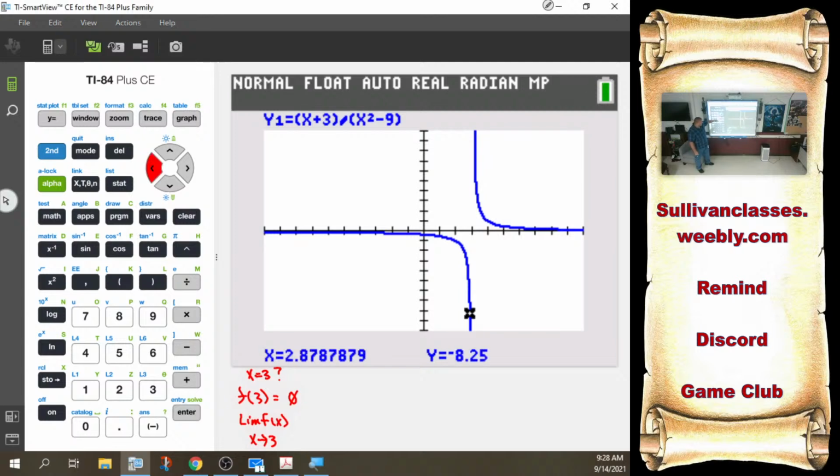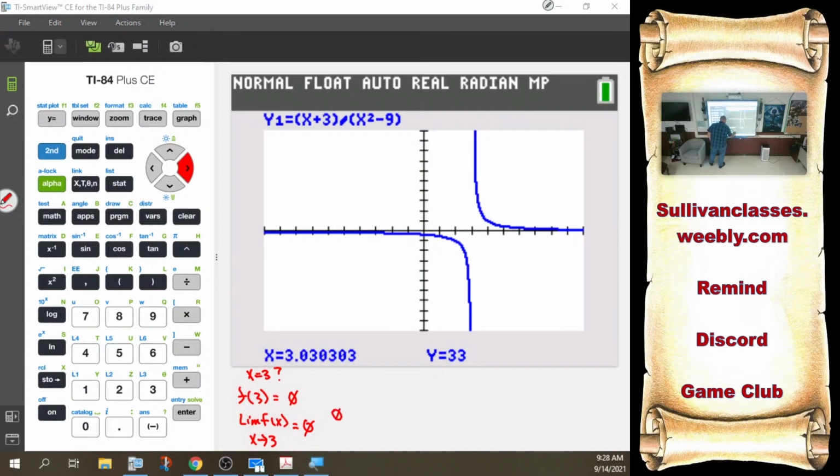So maybe I'll trace back to, how about I just poke this? At 2.87, I see -8.25. If I poke over to the other side of 3, I see 33. Are those headed to the same place? No, one of them's going to negative infinity, the other's going to positive infinity. Those are not the same place, so my limit does not exist.